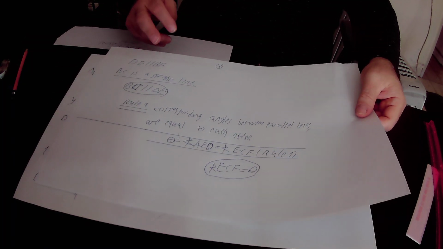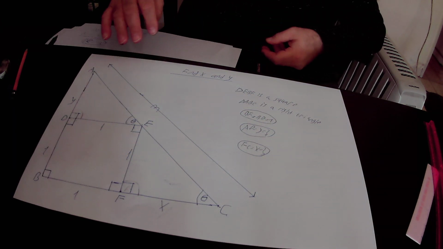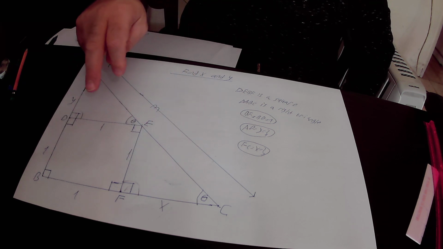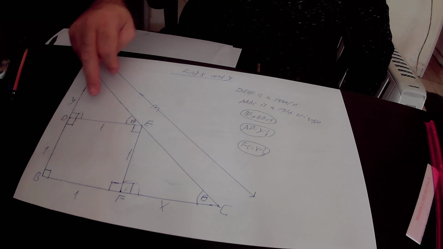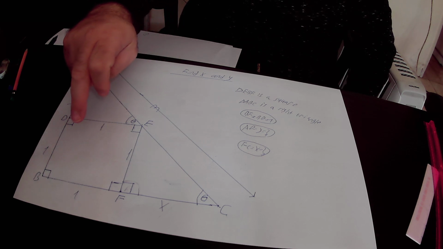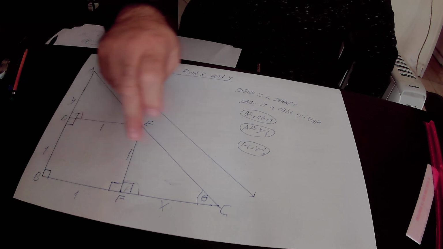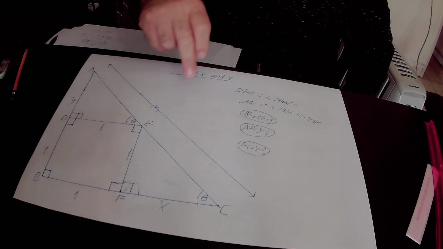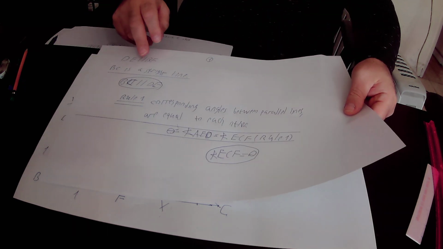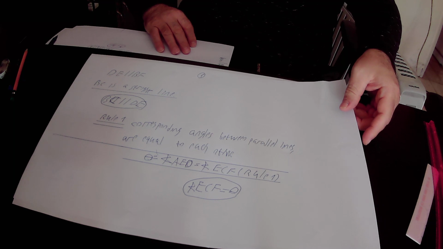So BC is a straight line, and BF is part of the straight line BC, and it is parallel to DE. So if part of the straight line BC is parallel to DE, then the straight line BC itself will also be parallel to DE.